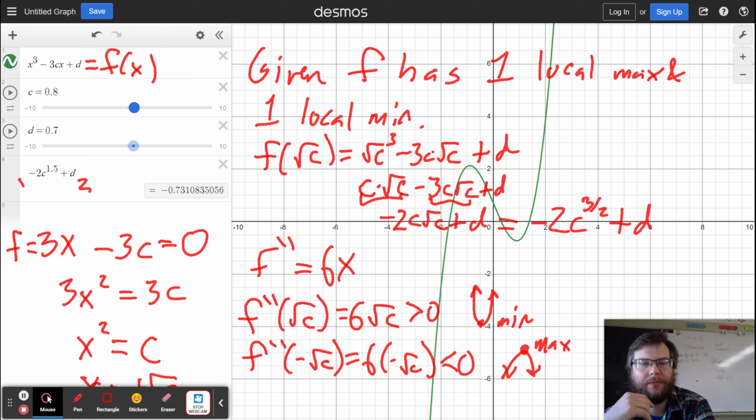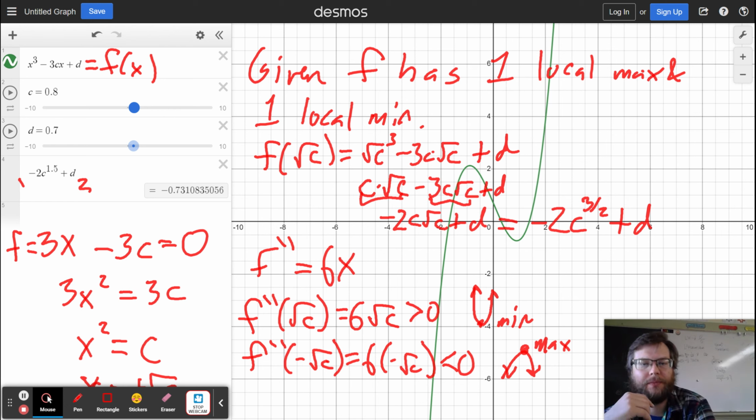If d is bigger than 2c to the 3 halves, the local min is greater than 0, and that implies there are 3 x-intercepts. Let's look at the other side of things with the local maximum. So we get a local maximum by plugging in negative square root of c.